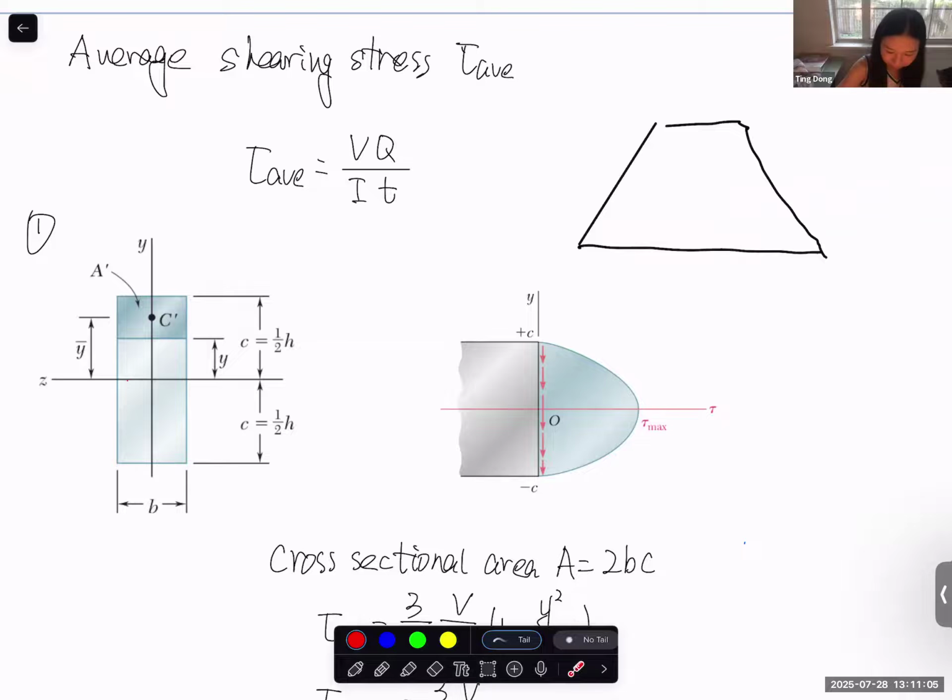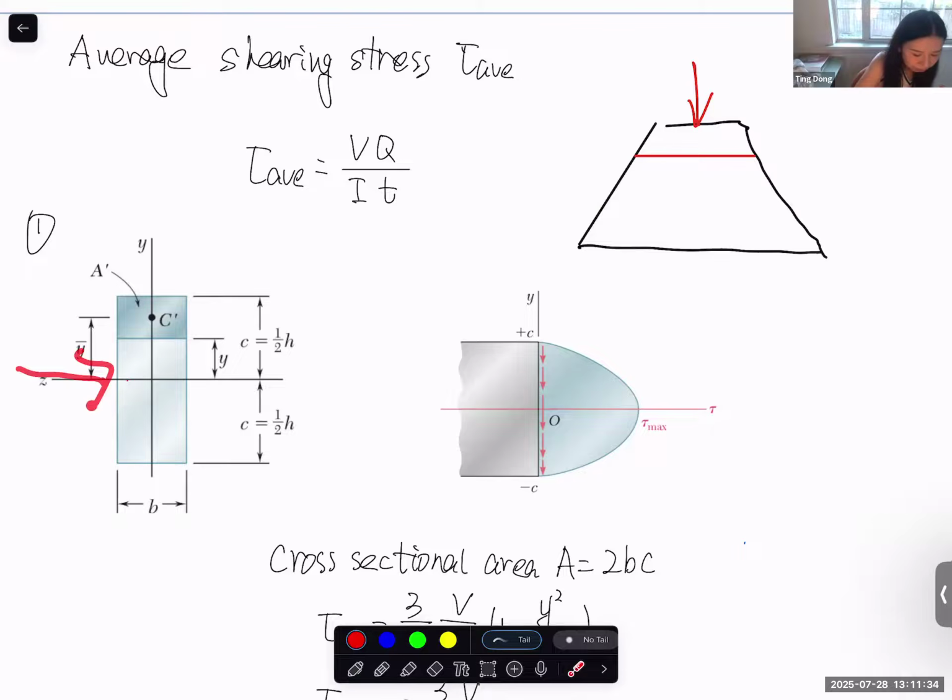So let's say if it's a force applied in this direction, if I'm checking any point on this line, this is T. If I move downward, check any point on this line, this is T. Is it clear or not?